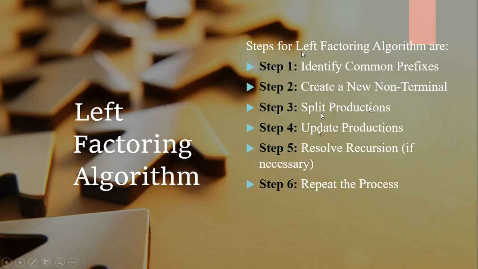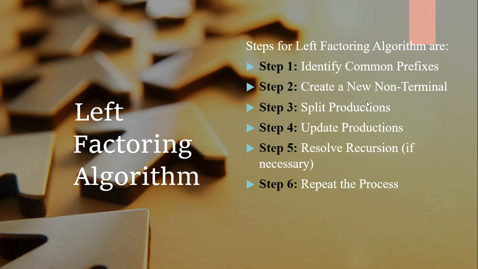Then split the production. After creating a non-terminal, we have to split the production, which we will see in our examples. The given prefix will be split from the given grammar.